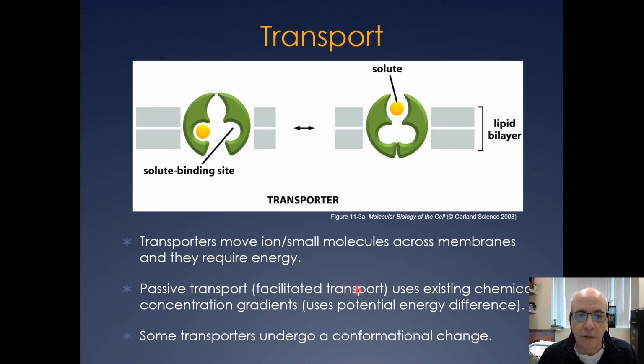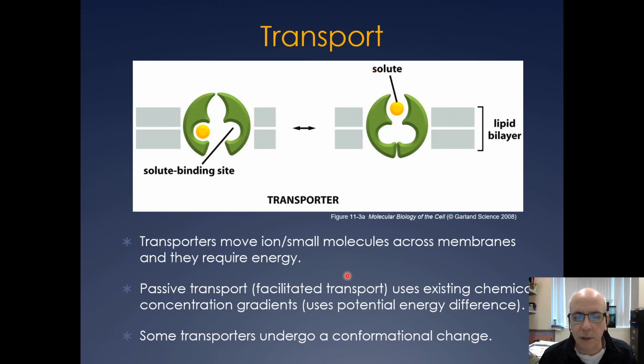So in general, the ones that don't just passively diffuse across the membrane are transported by transporters, and the transporters oftentimes undergo conformational changes. In this instance, the green is a protein in the lipid bilayer, and then you have your solute. It could be an ion or glucose or something along those lines, and the transporter will undergo a conformational change which allows it to pass across the lipid bilayer.